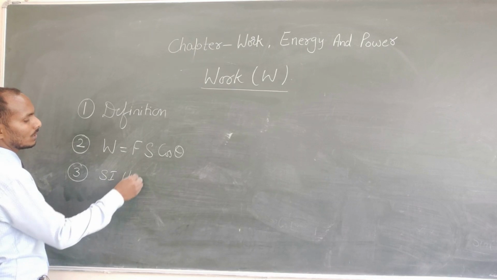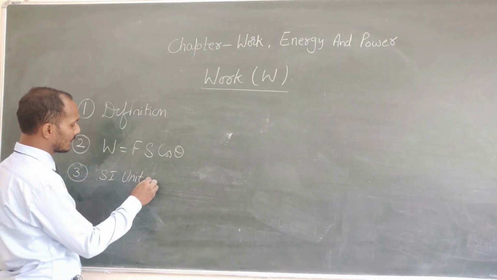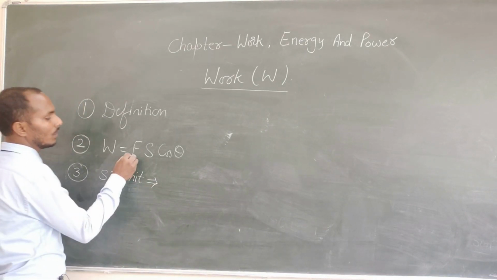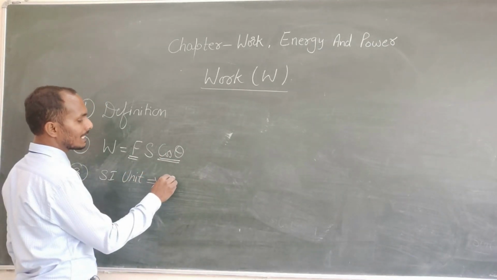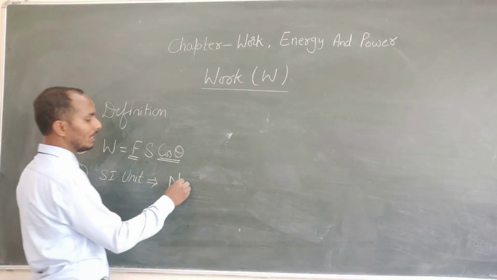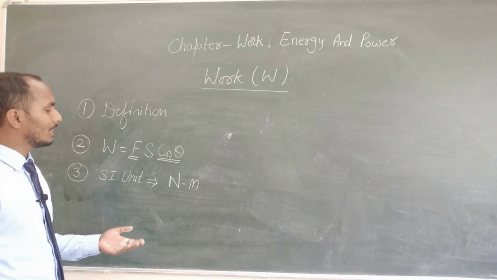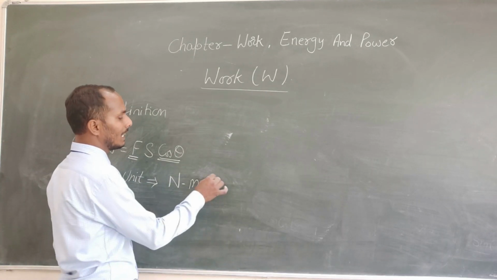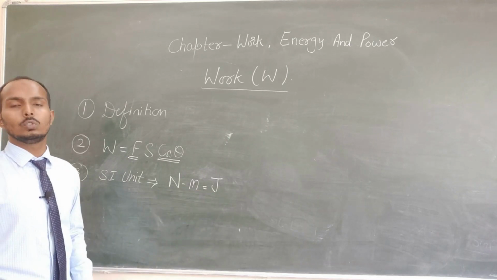Firstly we discuss the SI unit, then the CGS unit. We know that F cos theta is a kind of force, so its SI unit is Newton, and S is displacement, a kind of length, measured in meter. So the SI unit of work is Newton meter, or simply joule.